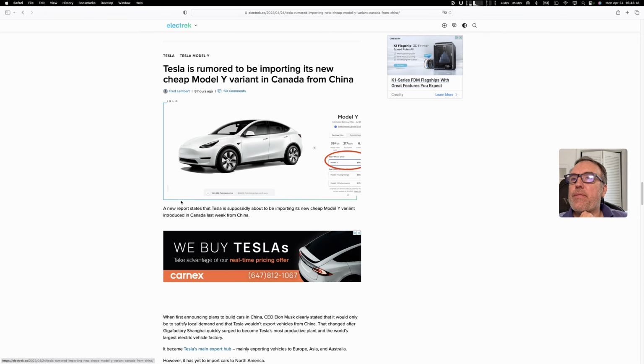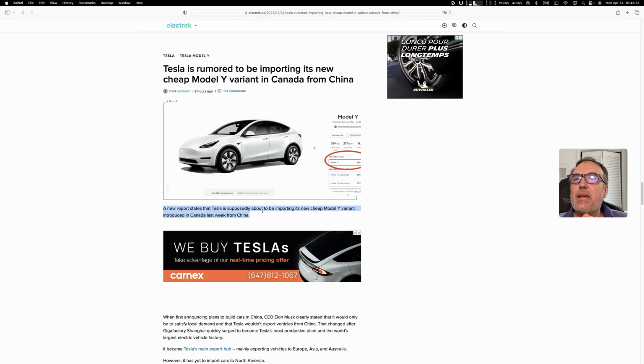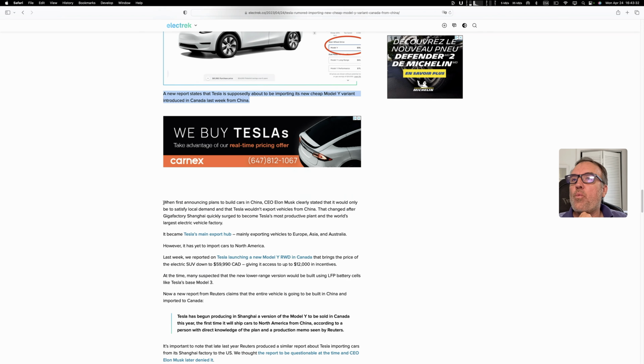There's a news report that states that Tesla is supposedly about to be importing its new cheap Model Y variant introduced in Canada last week from China. When first announcing plans to build cars in China, Elon Musk clearly stated that it would only be to satisfy local demand and that Tesla wouldn't export vehicles from China.